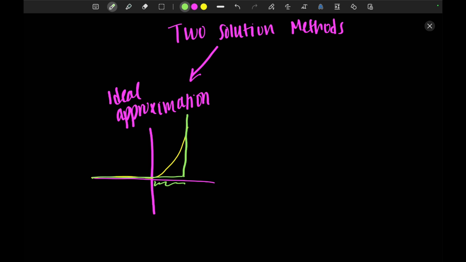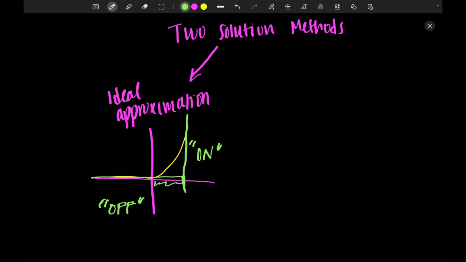So you can do a little approximation, and this will be a voltage, maybe like 0.7 volts. And this is off. And then you can just say this is on. And that's kind of good enough.